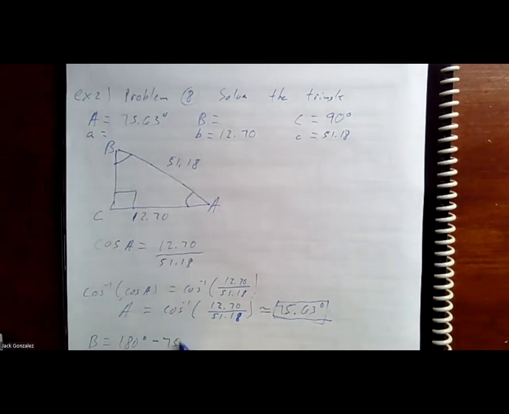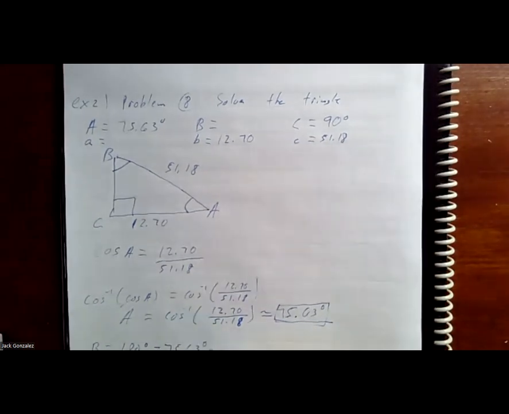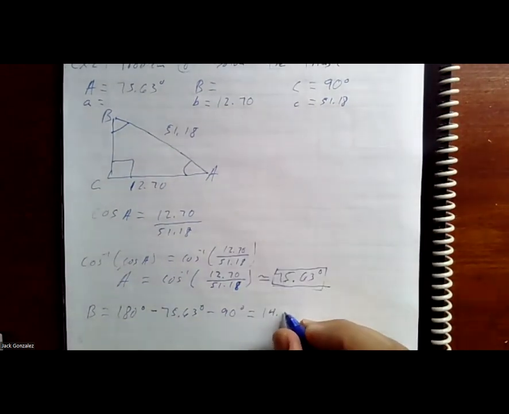So whatever they are, we'll have B. .37 degrees.